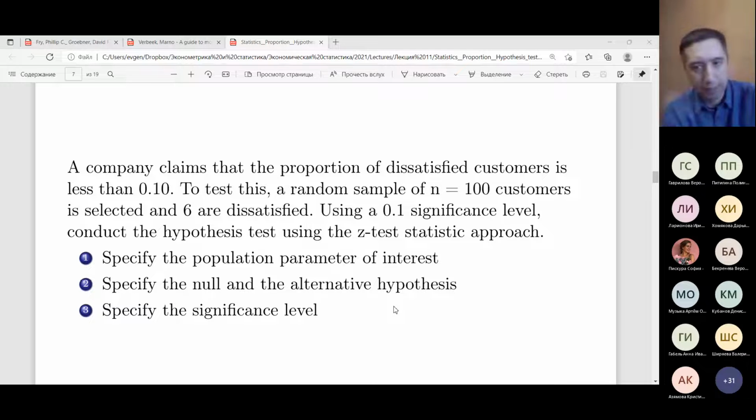Now, formulate the null and alternative hypothesis. Type in the chat your null and alternative hypothesis.